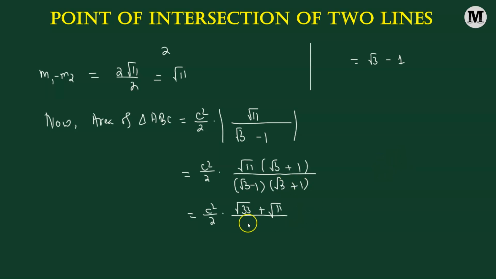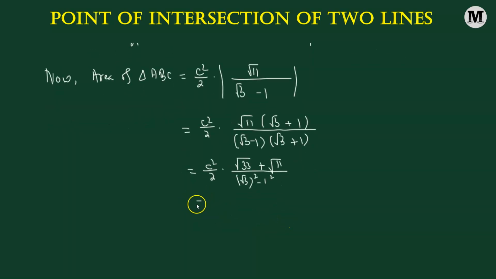So that is going to be simply square root of 3 whole squared minus 1 squared. Now we have c squared over 2 times square root of 33 plus square root of 11, whole divided by, now square root of 3 squared, that's 3. 3 minus 1, that's going to be 2. So 2 times 2, that's 4.